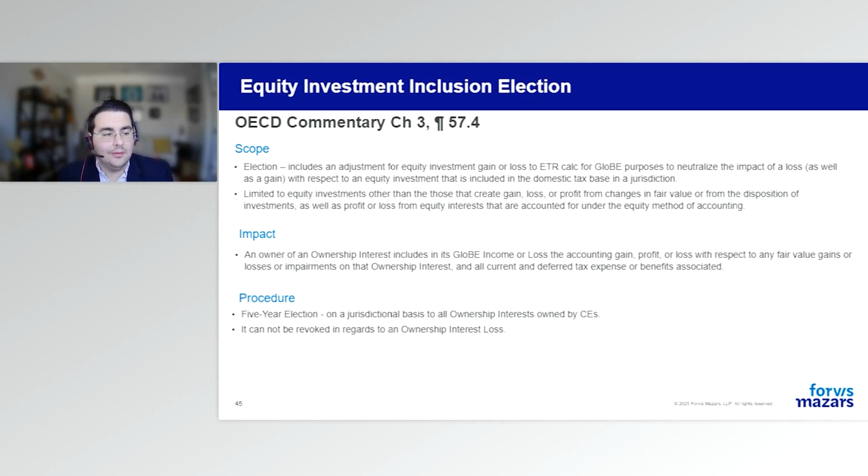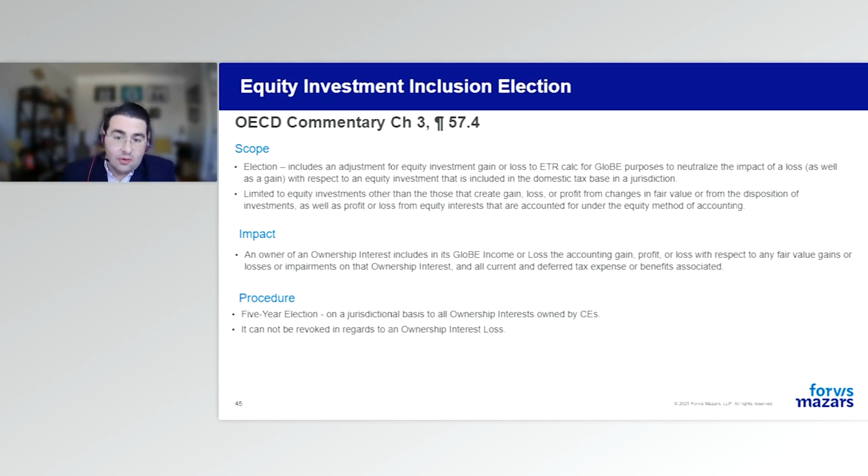And why would you want to do that, right? There's a corresponding adjustment when you exclude the income. You also have to exclude the taxes too, right? Under Article 4, matching the income with the tax, right? That's the premise that Pillar 2 is really getting at. So what we've seen is that this could be very beneficial where you need a little bit of tax to get you over the hump of the Pillar 2 threshold, right?